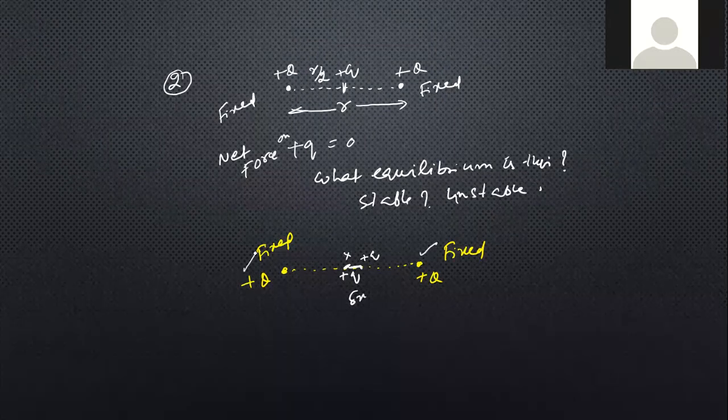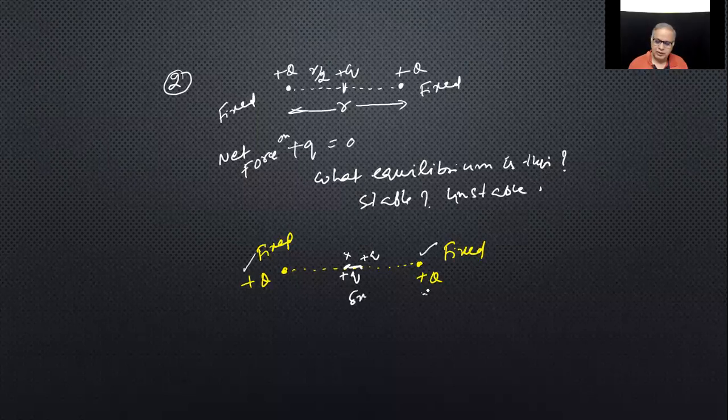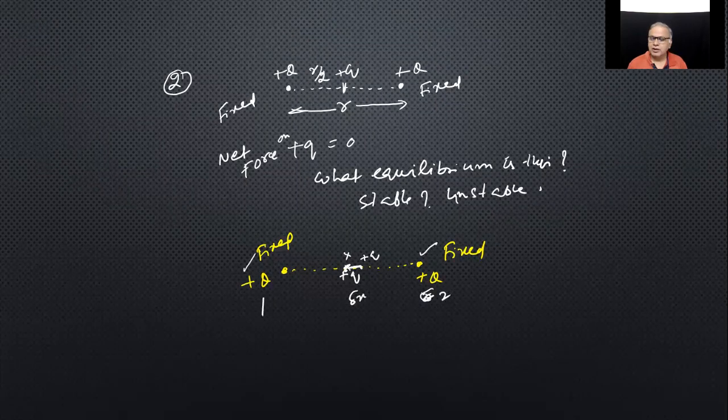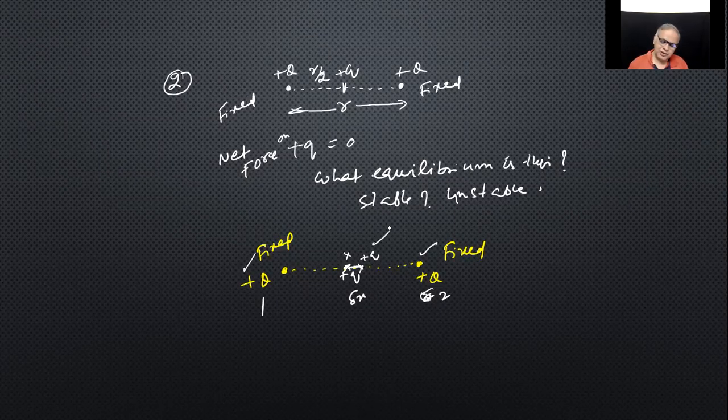Second one, this one. I'll say this is 1, this is 2. Initially, this was here, and the net force is 0. I displaced it slightly like this. What will happen to this charge? It will come back, or further move in the same direction in which I moved it?